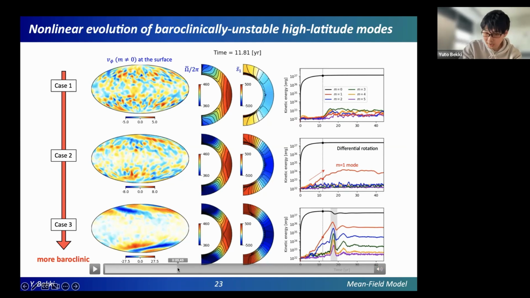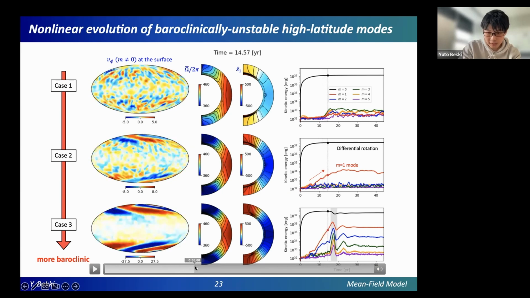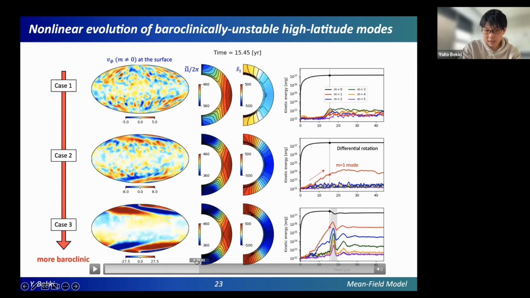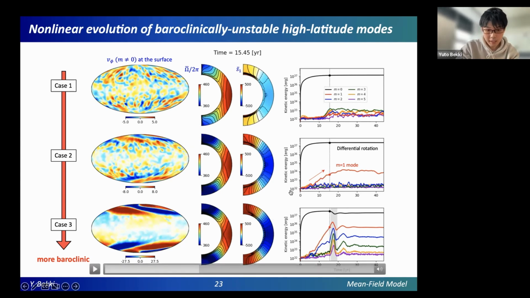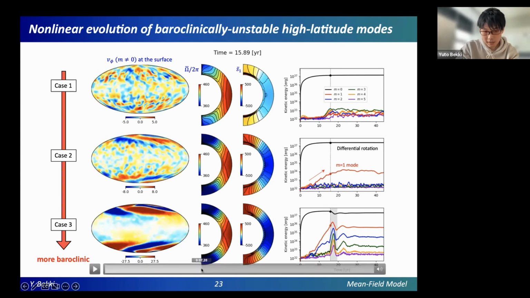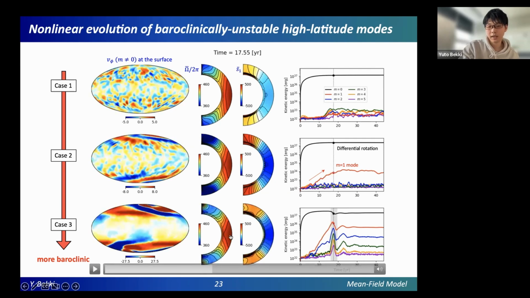And especially the m equal 1 mode is very much excited, so that its amplitude becomes comparable to the mean kinetic energy. And then it leads to an instability of the mean state.